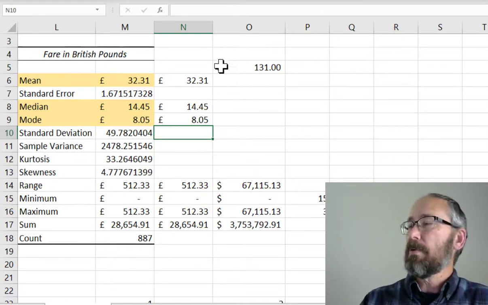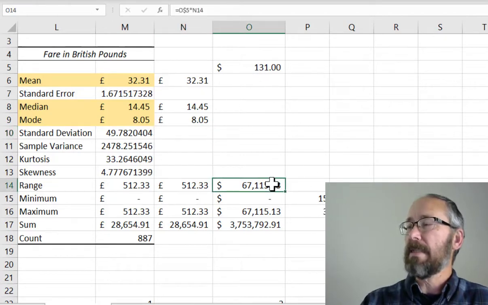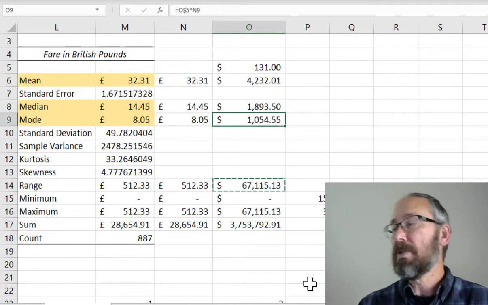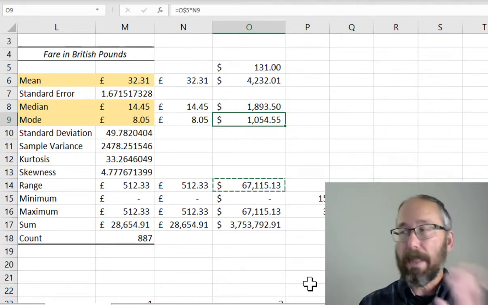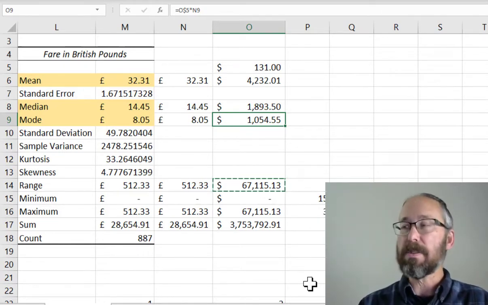So let's see what those are in US dollars, kind of following out what we had done down below here. So I'm simply going to take that formula that I have down here and copy it up. And interesting, so the most often occurring ticket price, just over $1,000 in today's, and the median, so the midpoint, right, half of the count or frequency is below this nearly $1,900 and half is above.